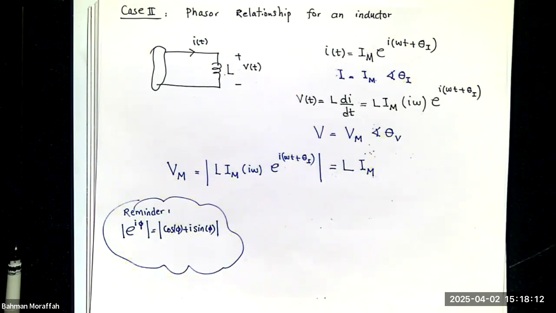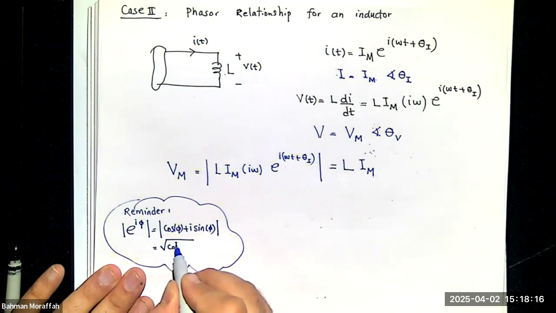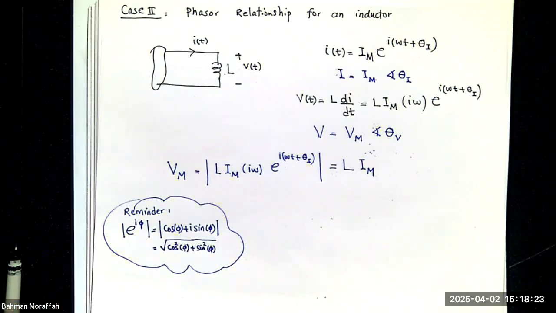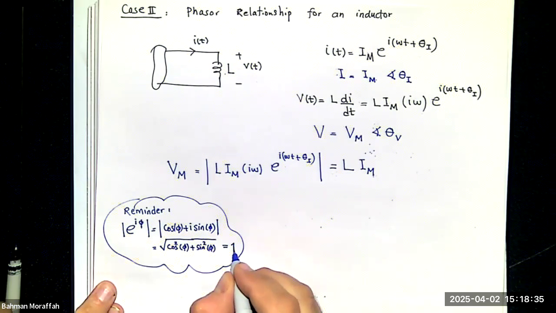This magnitude is the square root of cosine squared phi plus sine squared phi. What is cosine squared phi plus sine squared phi? 1, always 1. It doesn't matter what this phi is. So that's 1.